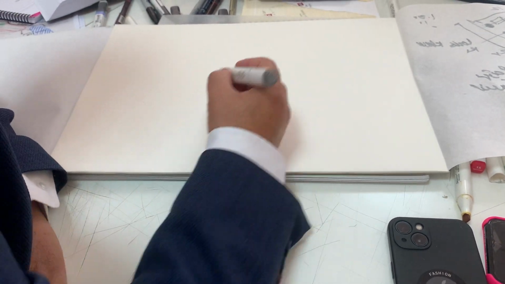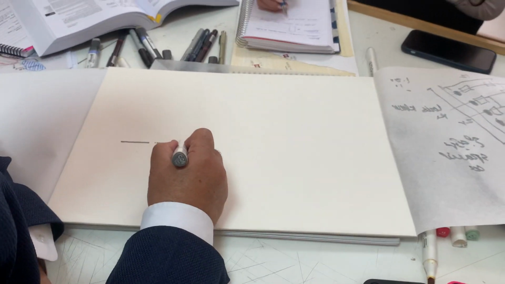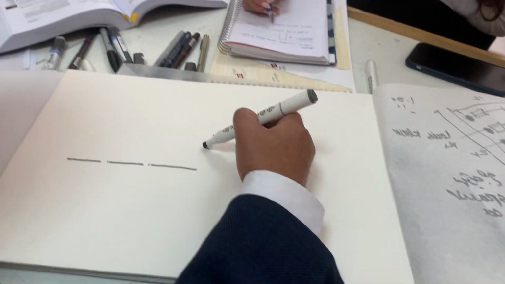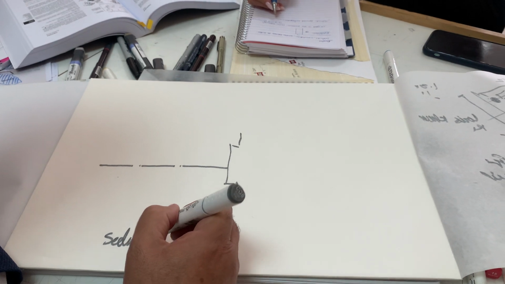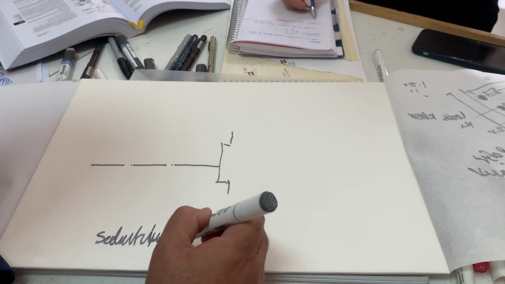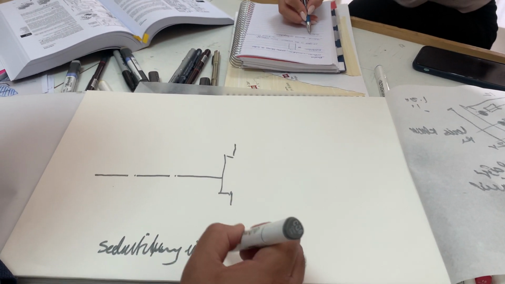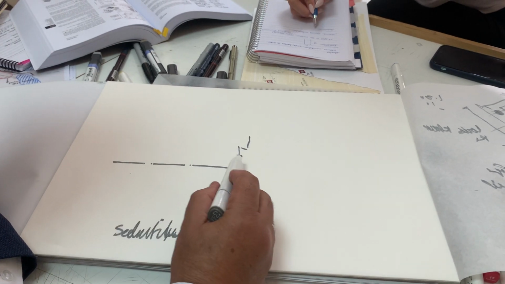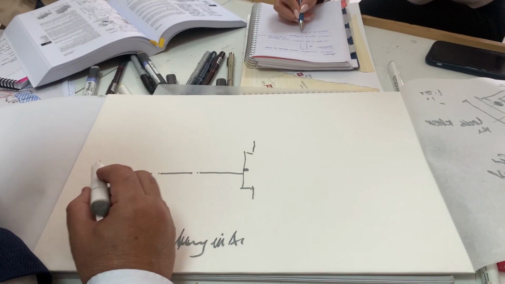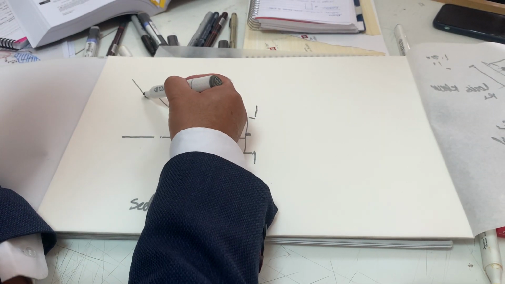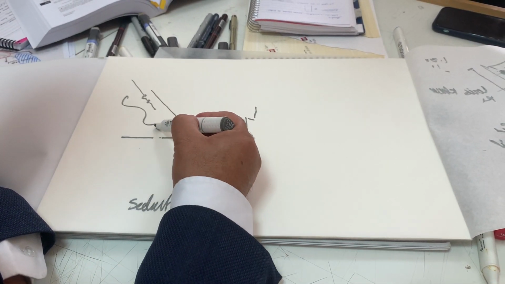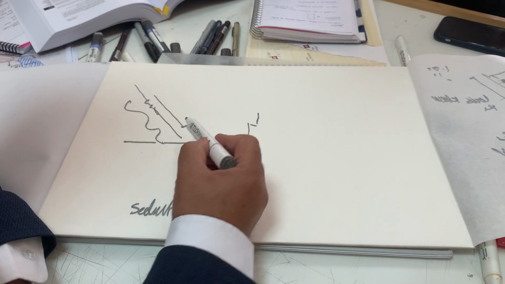Okay. When you want to enter a space into a building, there is something we call seductivity in architecture. Seductivity: you should not see the gate directly. People should come through here, come through this space, come to this.